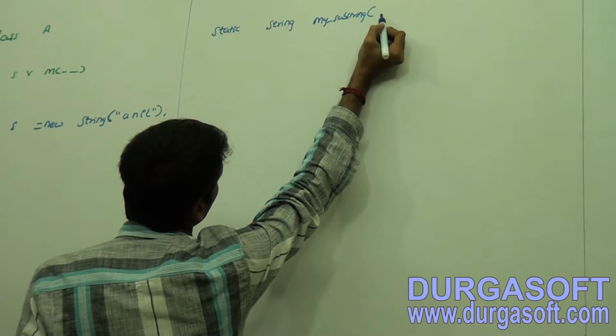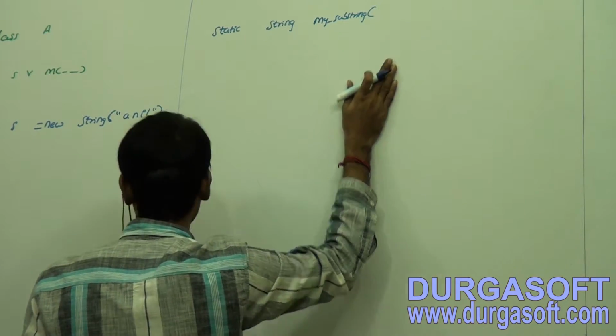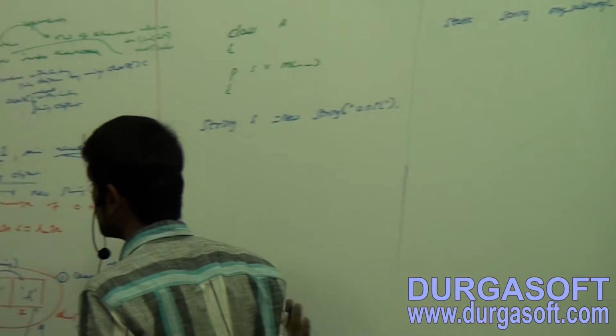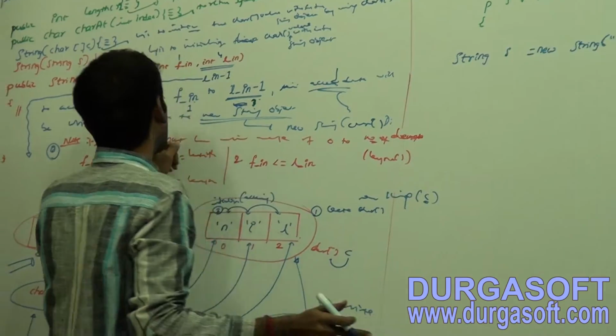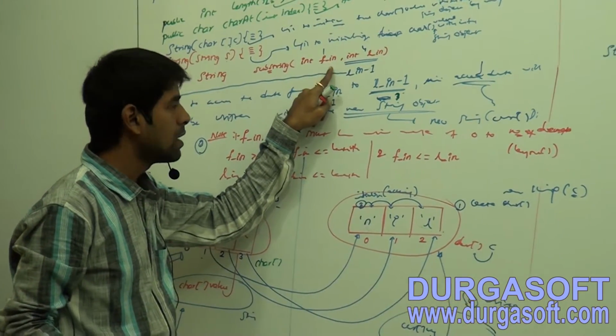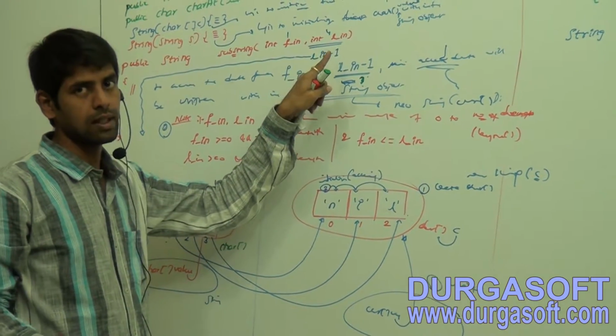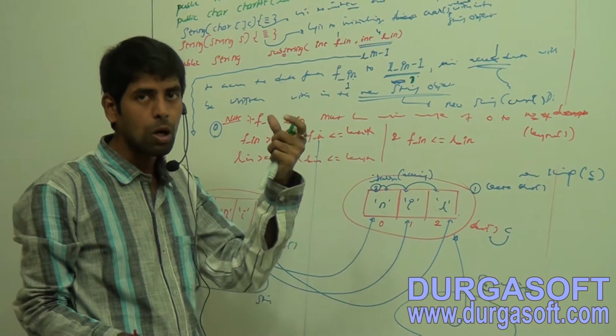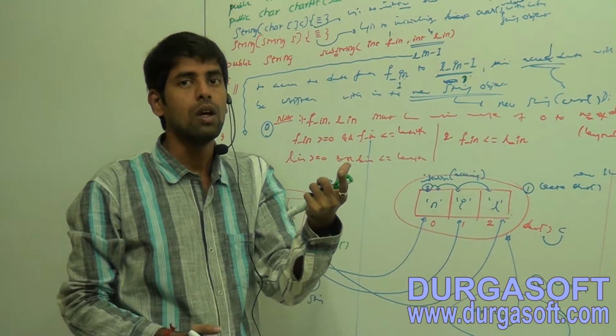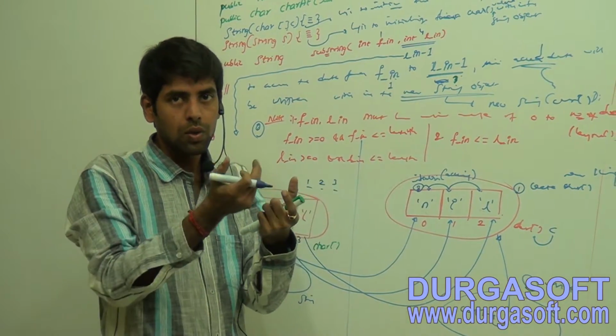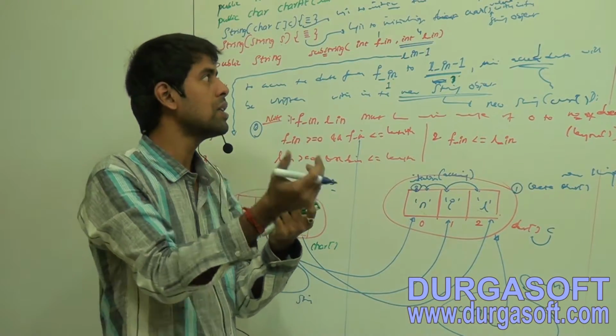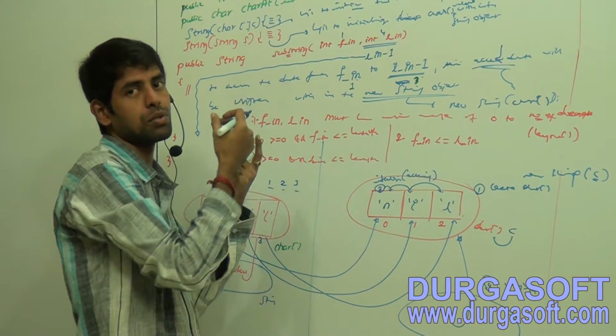Okay, now as arguments I am going to use first index, last index, and also a string object from which you want to get the substring.